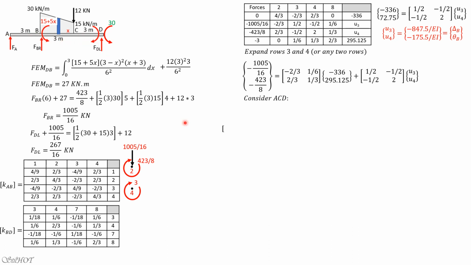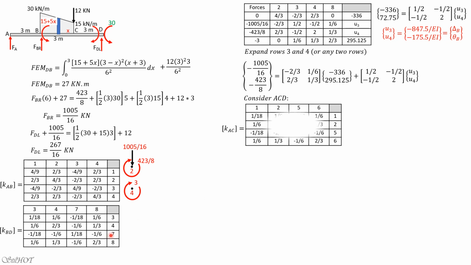Let's consider ACD here. So KAC, because the span A to C is 6, will be the same as BD. So let's copy the force coefficients of BD. It's the same, except the numbering, because this time AC is 1, 2, 5, 6.